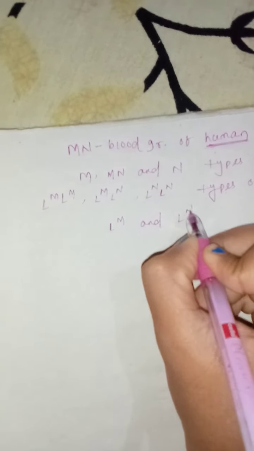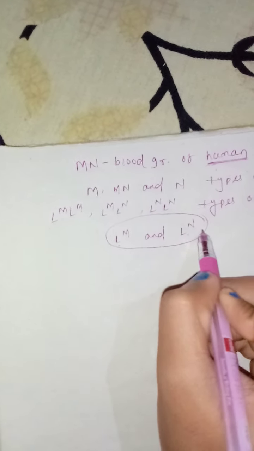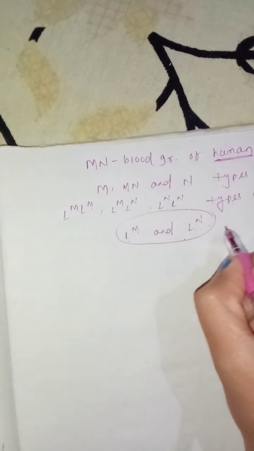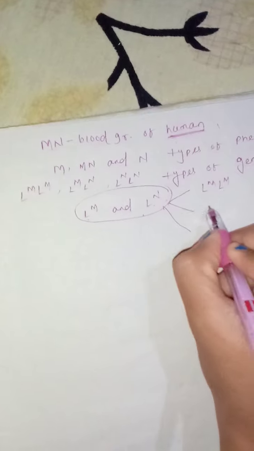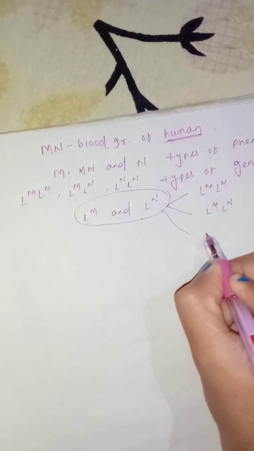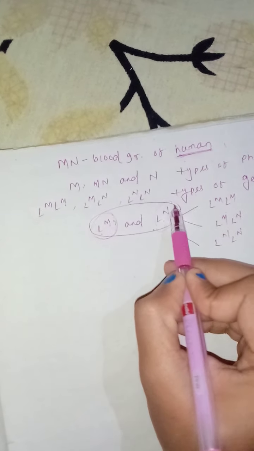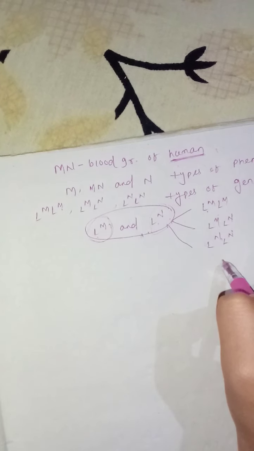LM and LN are the 2 alleles, and from the LM and LN alleles we have found 3 genotypes, that is LM LM, LM LN, and LN LN.